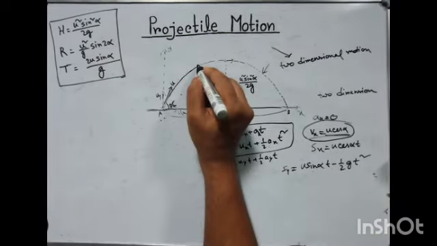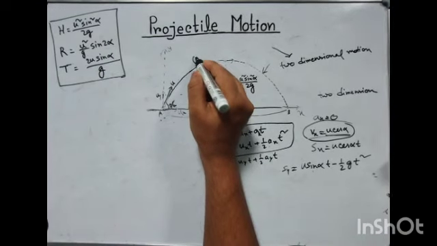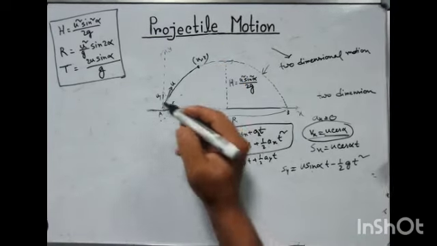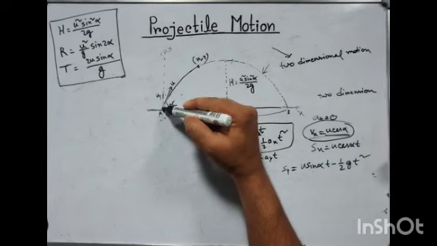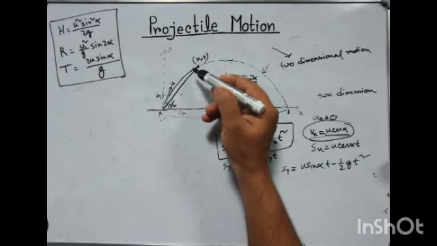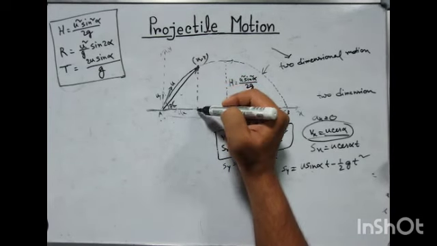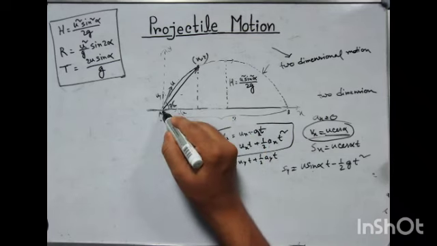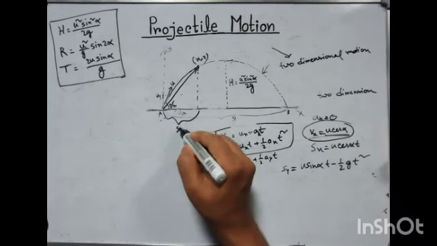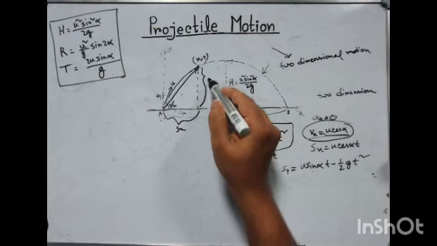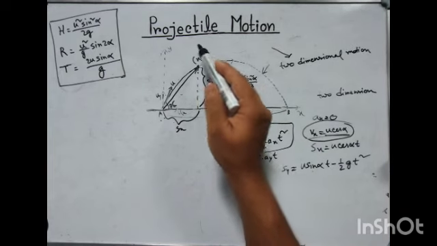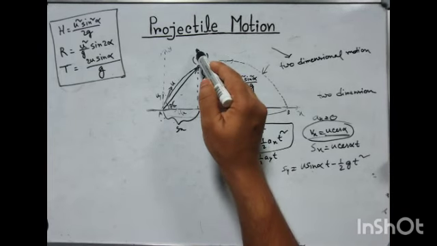So now say any point, suppose this point is x comma y. The displacement vector s will have components sx and sy at any time t.